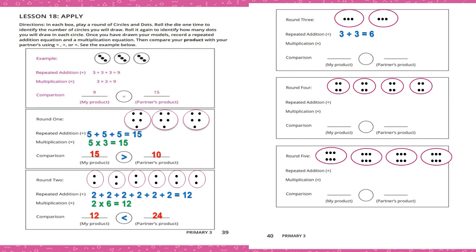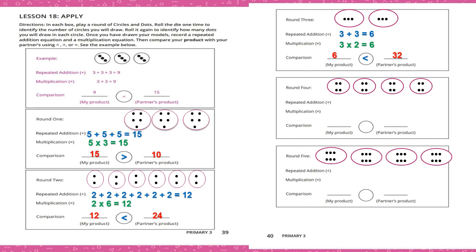Multiplication equation. What is the repeated number? 3. And how many times repeated? 2. So we write 3 times 2 equals 6. My product is 6. Partner's product is 32. Then 6 is less than 32.